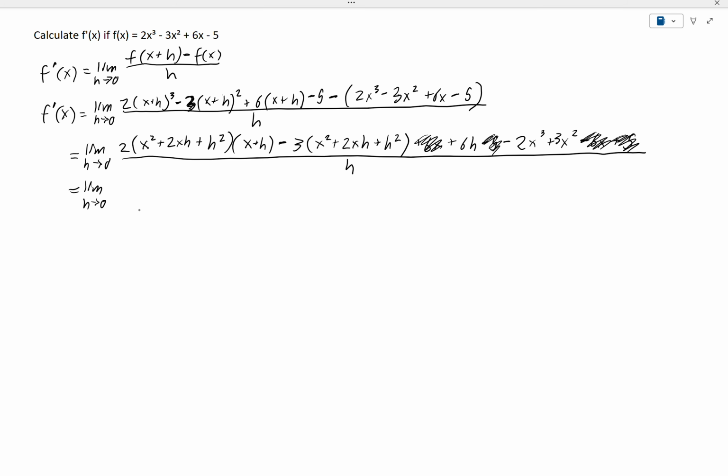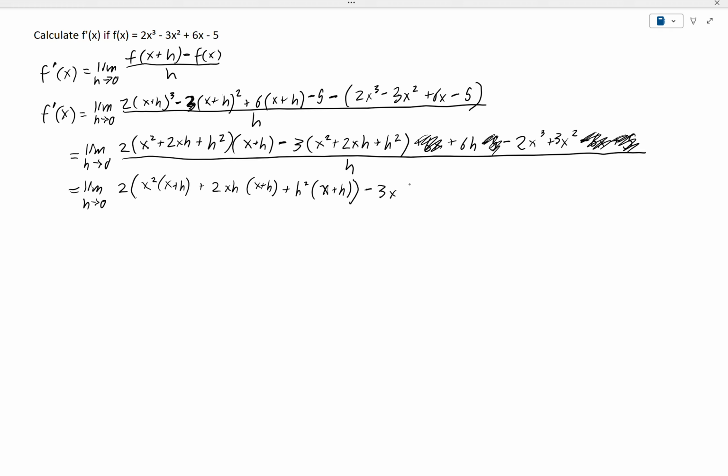So now I'm going to write out my next step. Limit as h goes to 0 of 2 times, so now this is going to become x squared times (x plus h) plus 2xh times (x plus h) plus h squared times (x plus h). I'll distribute the 3 right here.